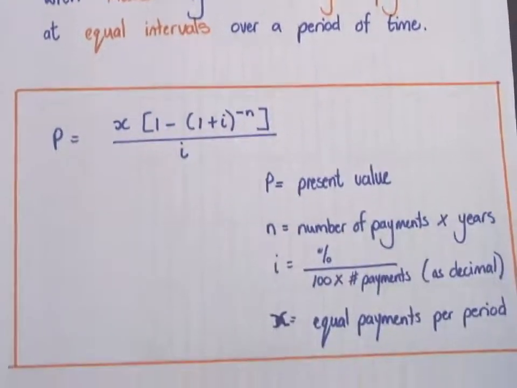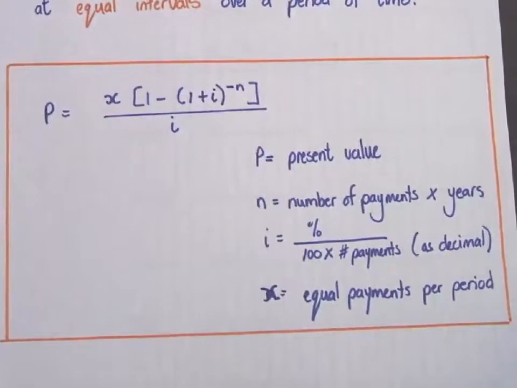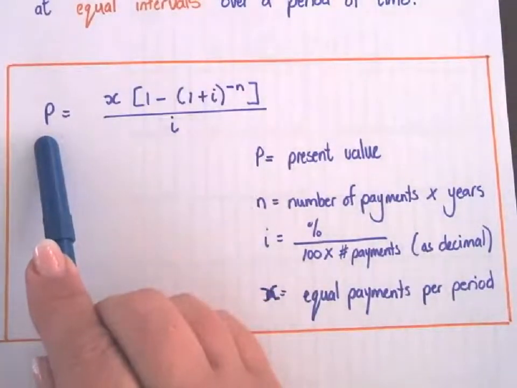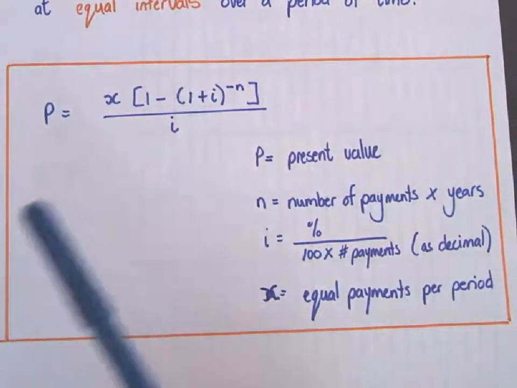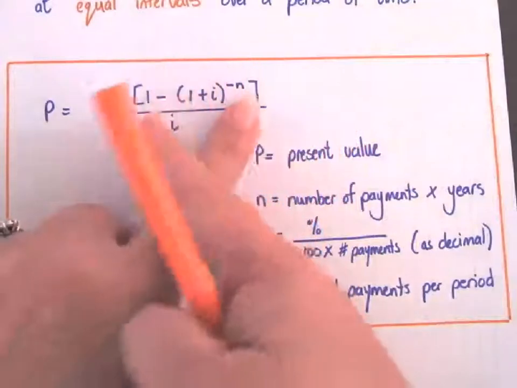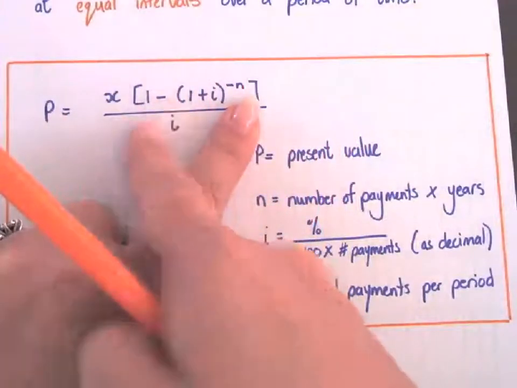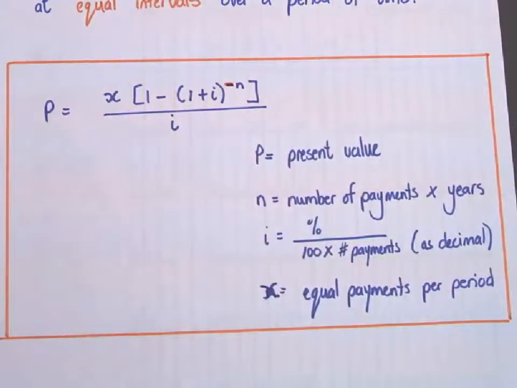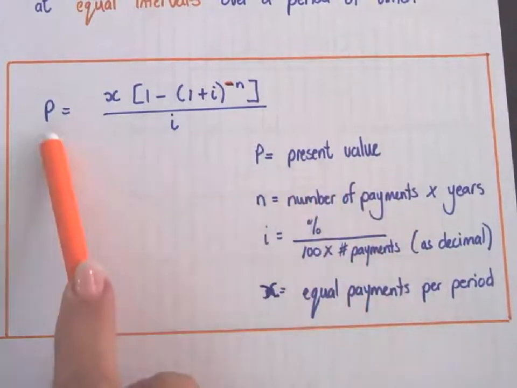Now the formula that we're going to use, the P stands for present value, and what is different is the bracket is swapped around from the future one, but the exponent is negative N. The P stands for the present value.